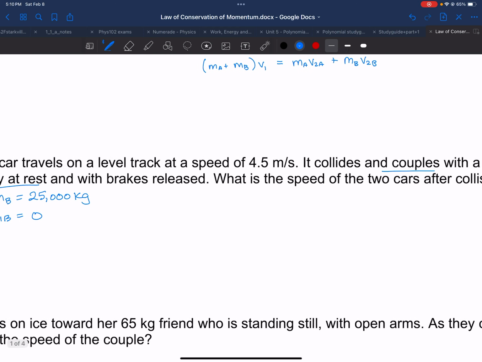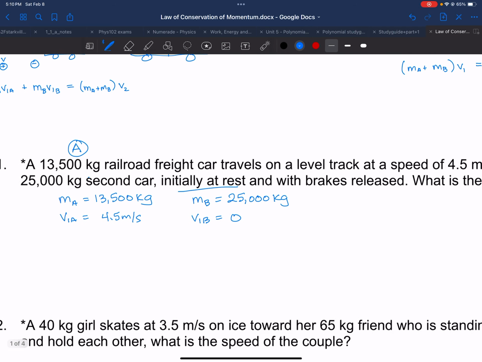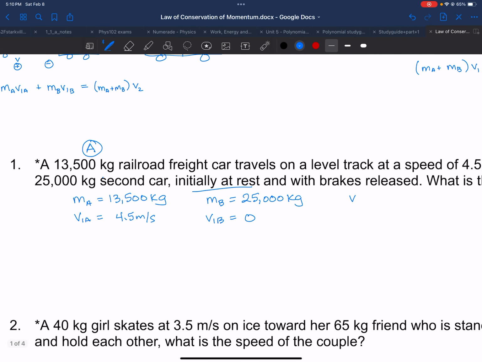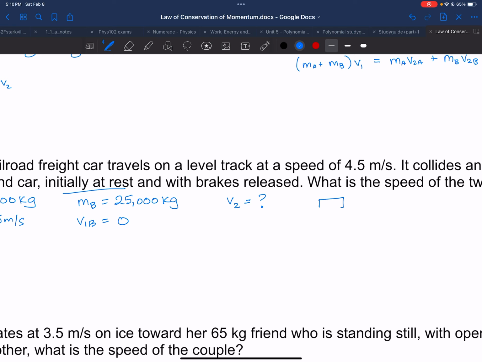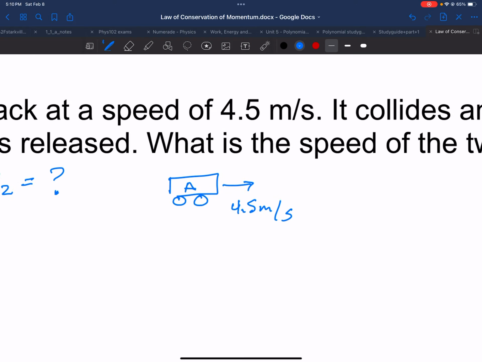Okay, so what is the speed of the two cars after the collision? Well, if the two cars are going together, then it's our final velocity that we want to know. Let's go ahead and draw this out. So we have one train, right? That's my train A. It's moving at 4.5 meters per second.